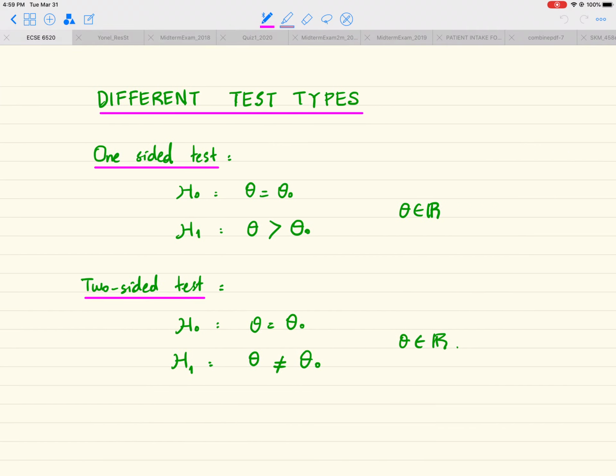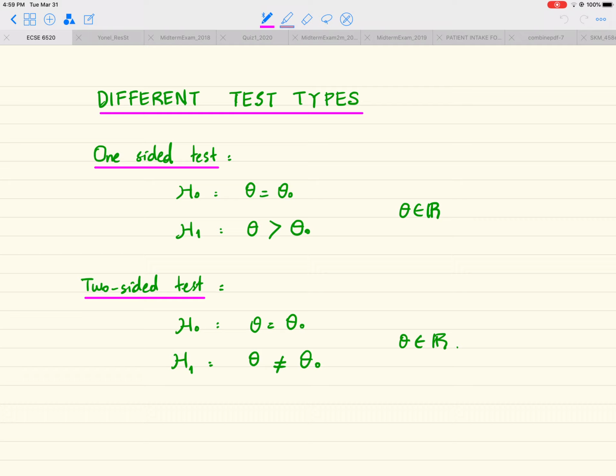All right. Now, there are also different types of tests. Okay, there is what is called a one-sided test, where theta takes a single value, theta sub 0. So our null hypothesis is simple.